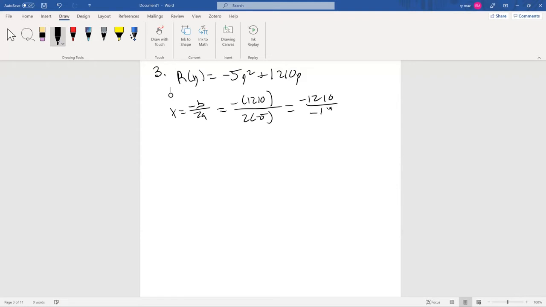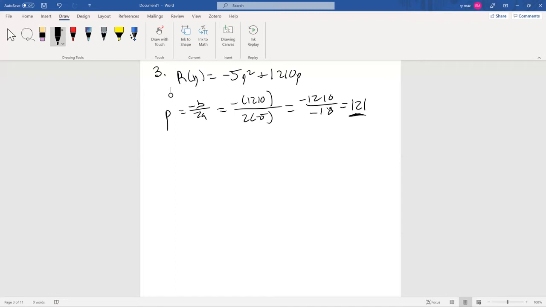And that simplifies to 121. I put an x here, but if I wanted to be really exact, it should really be a p because there are no x's in our formula. So that's saying at the price 121, our revenue is at its maximum. It's at its highest.